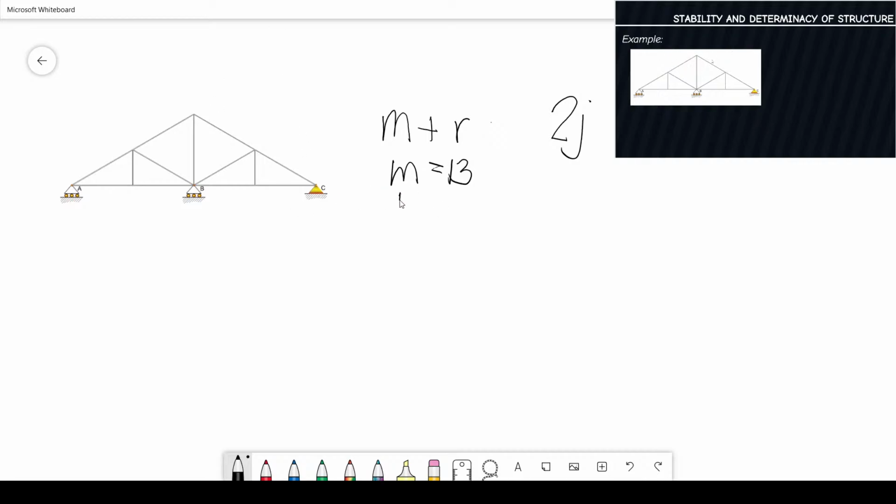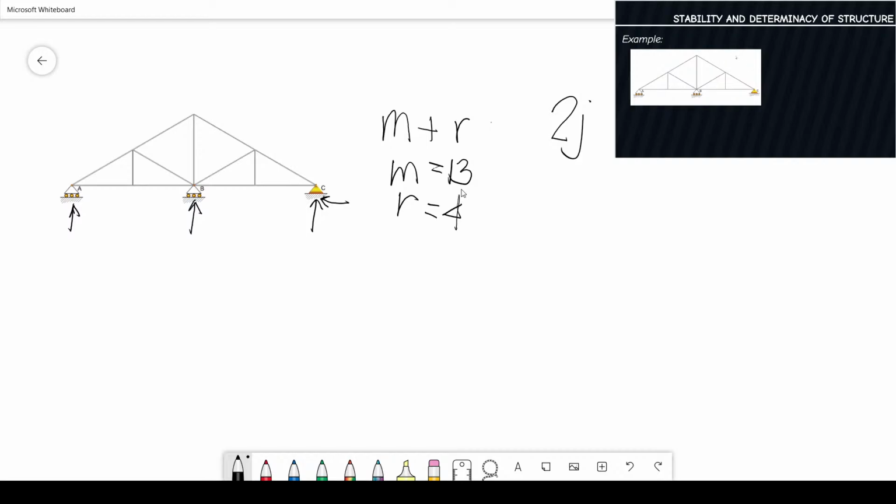How many reactions do we have? For our roller, we have 1 reaction, then 1 reaction. For a hinge, we have 2 reactions. So how many reactions? That is 1, 2, 3, and 4.